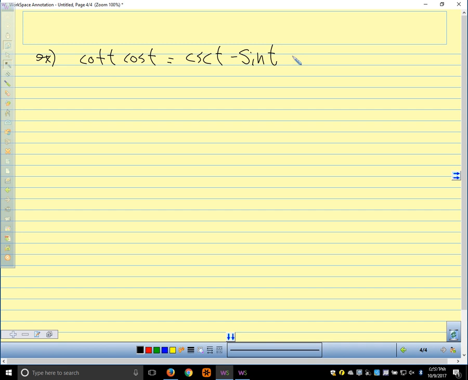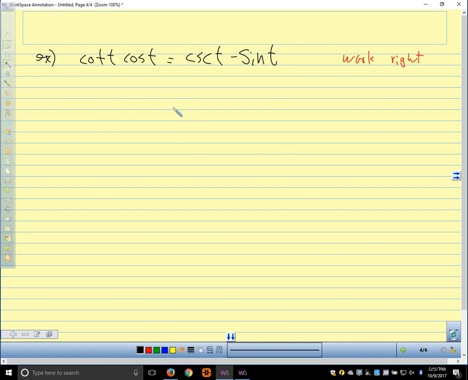I would say that when you have addition or subtraction, you have a little more to work with than when you have multiplication. So my suggestion for this one is work on the right, because we can find common denominators, that kind of thing.